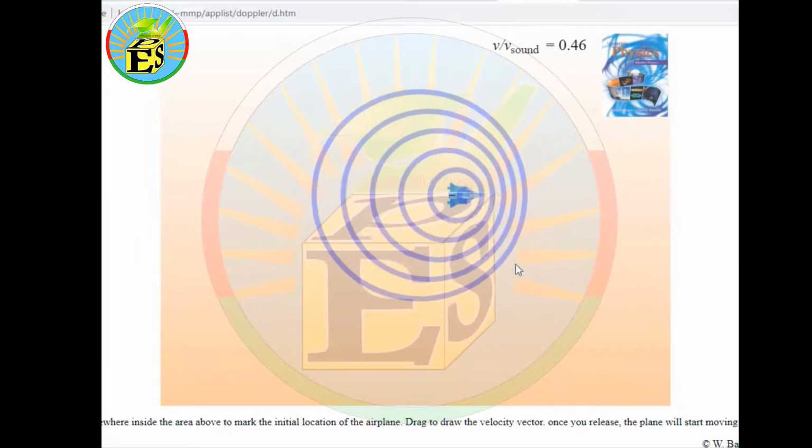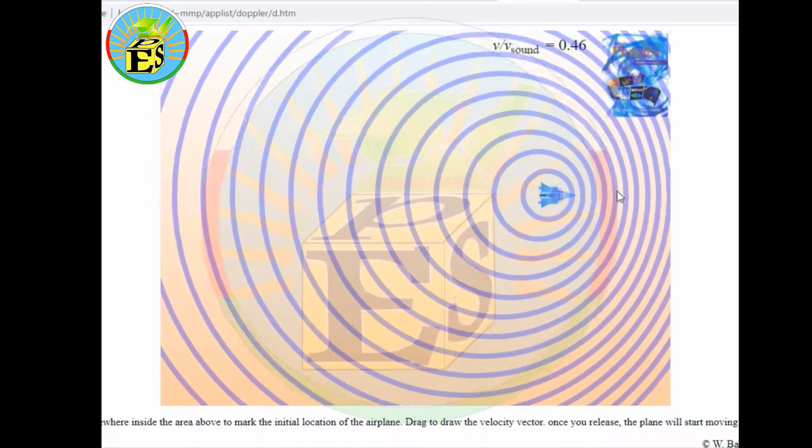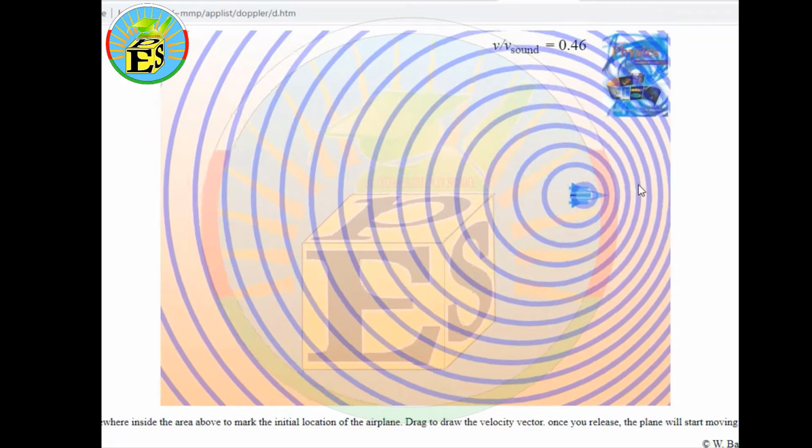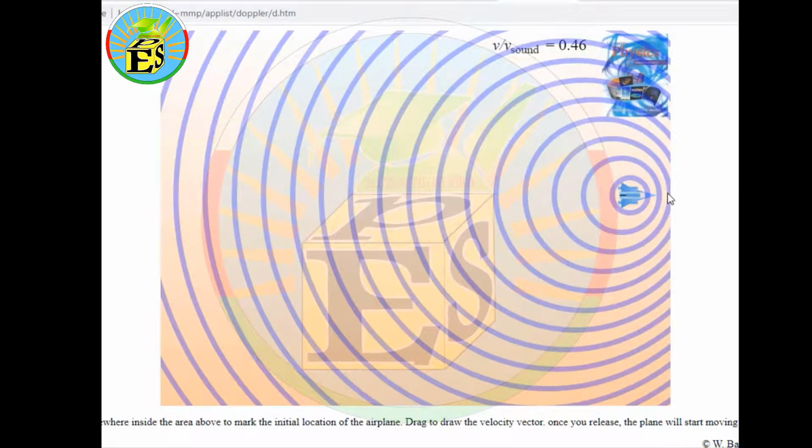We can see that the distance here is larger than the distance between the two lines, between the wave fronts at the front of the object. It means when the object starts moving, we will have a change in frequency behind the object and in front of the object. This is called the Doppler effect.